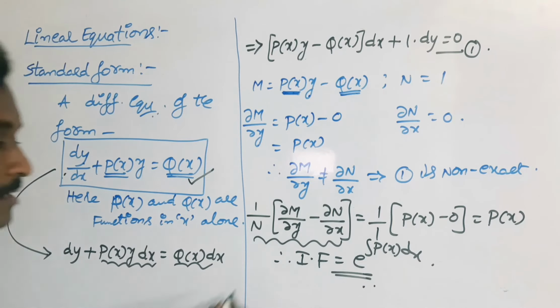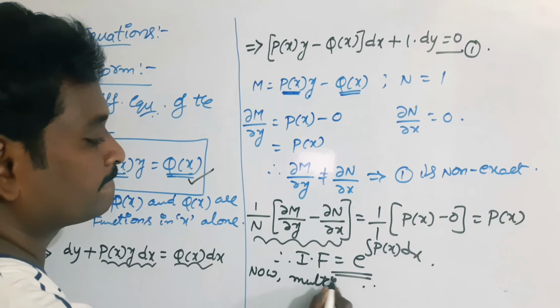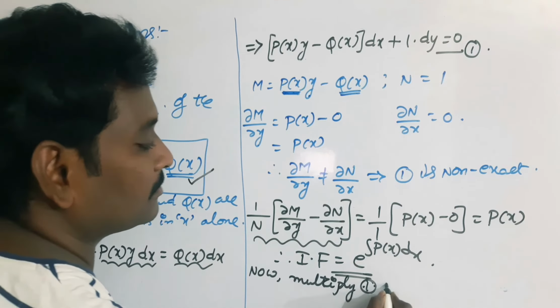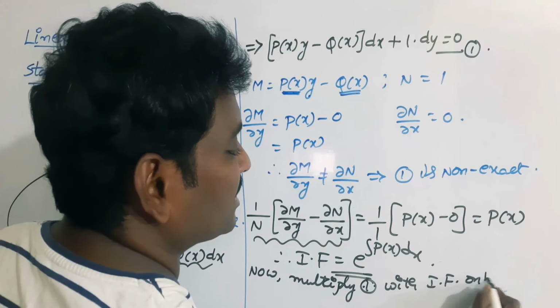Okay, now multiply equation 1 with the integrating factor on both sides.